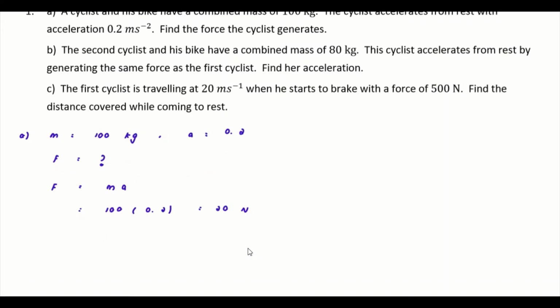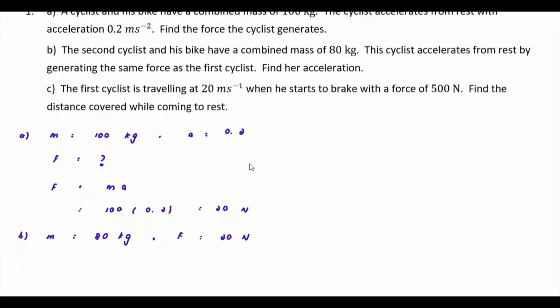Now B, the second cyclist and his bike have a combined mass of 80 kg. So we can just write down first: mass is 80 kg. The cyclist accelerates from rest, generating the same force as the first cyclist. So the force involved here is also 20 Newton. And the question wants us to find the acceleration, which means we need to get a.